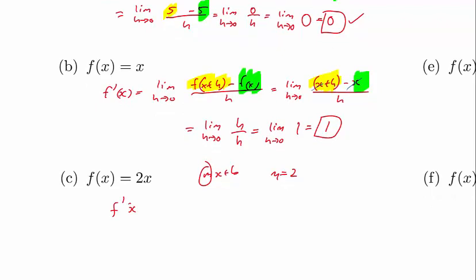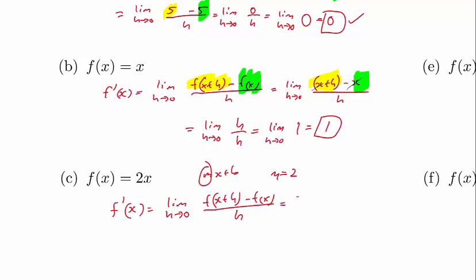We have f prime at x equals the limit as h approaches 0 of f of x plus h minus f of x, all divided by h. Press the pause button now if you haven't done already, and try and work this through.